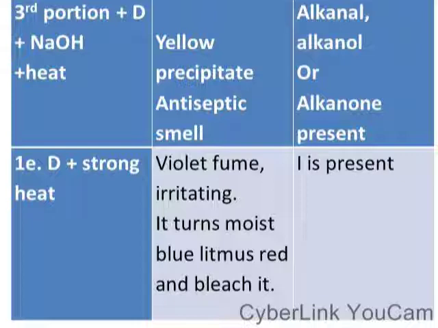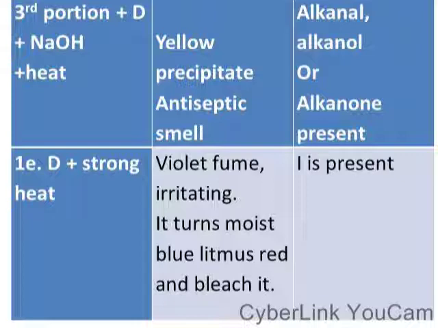Look at the table. The table is talking about the portion of D plus sodium hydroxide plus heat. Now the observation is going to be a yellow precipitate. Obviously, you see a yellow precipitate.